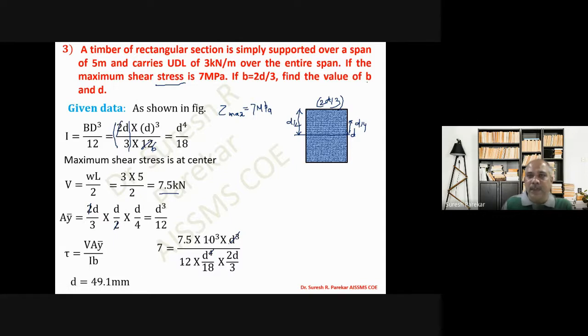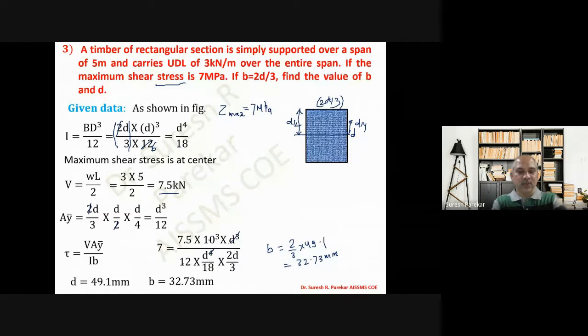So we have to find B and D. D is 49.1 millimeter and B we get as 2 by 3 into 49.1, and we got this value as 32.73 millimeter. So likewise we have to solve the problems, and then we will have the shear stress diagrams also. So today we will stop here only. Thank you.